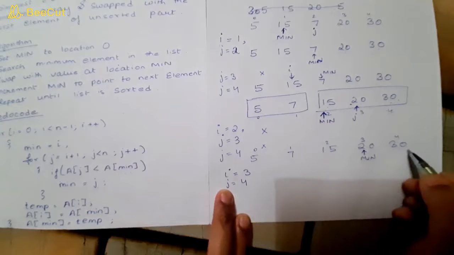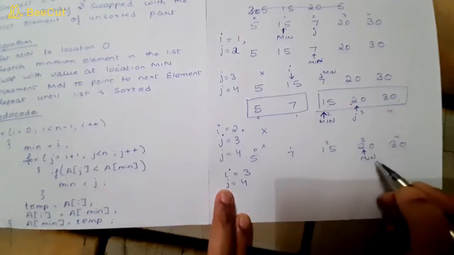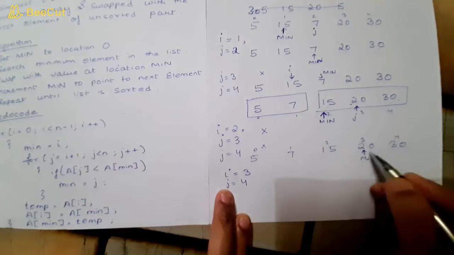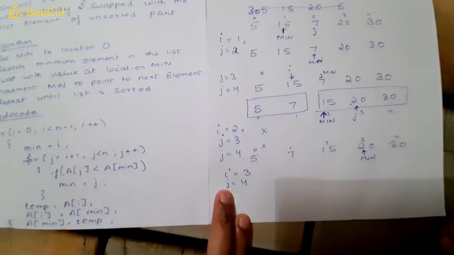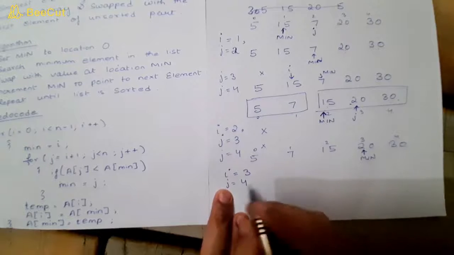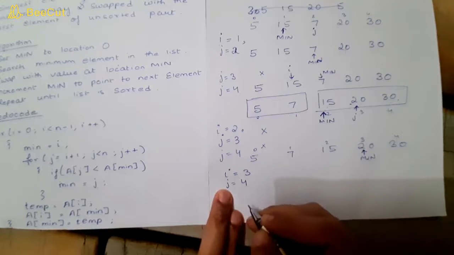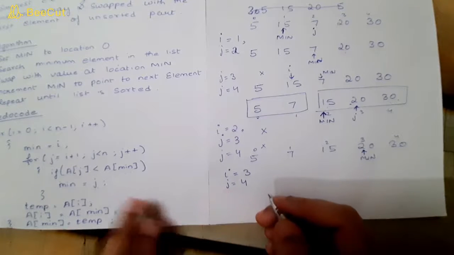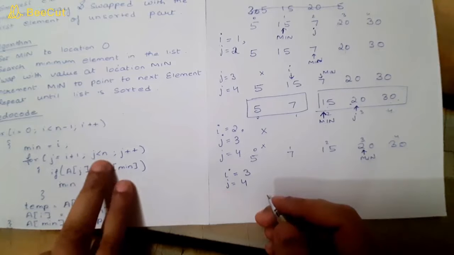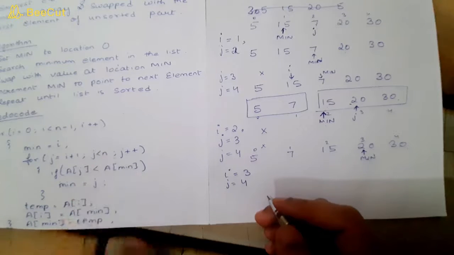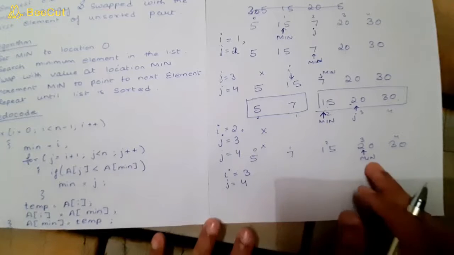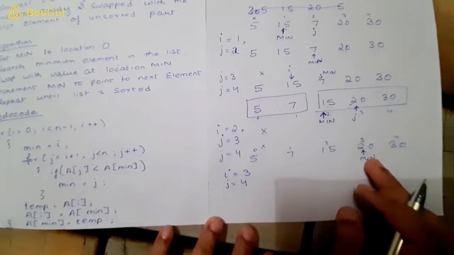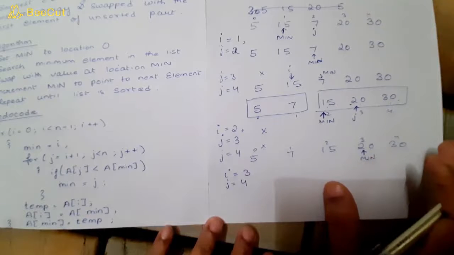So when you compare it with array of J, this 30 is greater than 20, so nothing is going to change. We'll increment the value of J by 1. Now when you increment J by 1, this loop will become false and you'll come out of the loop. When you come out of the loop, you have to swap A of min with A of I. Both the elements are same, so we are not going to change anything.